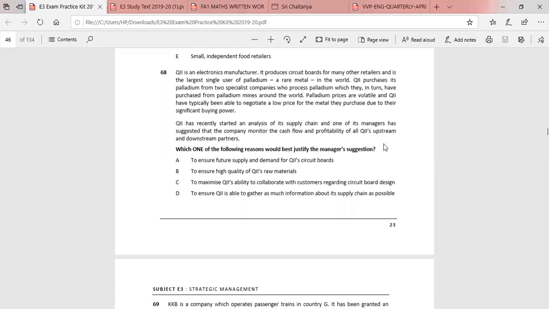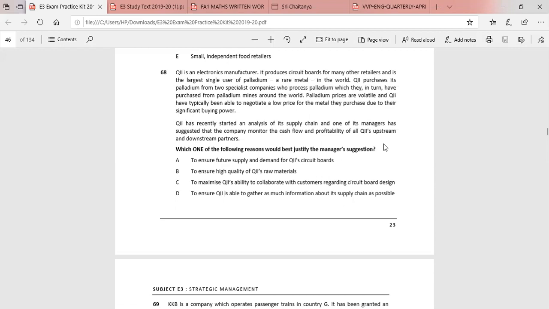QII is an electronics manufacturer. It produces circuit boards for many other retailers and is the largest single user of palladium, a rare metal, in the world. QII purchases its palladium from two specialist companies who process palladium, which they in turn have purchased from palladium mines around the world.